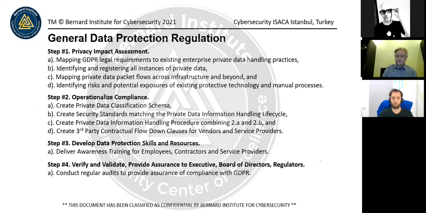Number 4, verify and validate, provide assurance to executive board of directors. This is the auditors' or a third party's role, right, is to make sure that whatever the process is that you've defined and that you follow, that it can be verified and validated and checked on. And it's a very important step in the process.